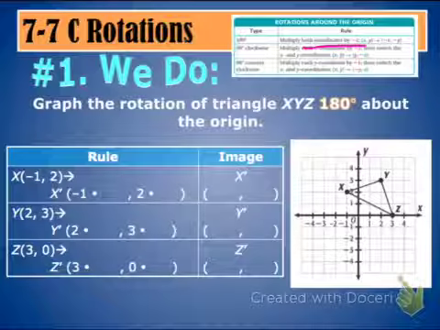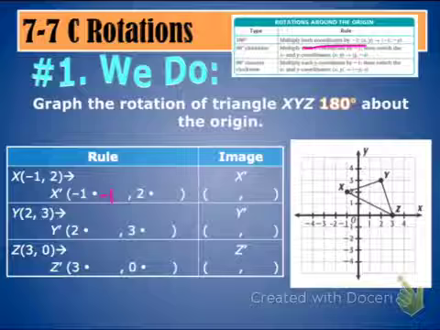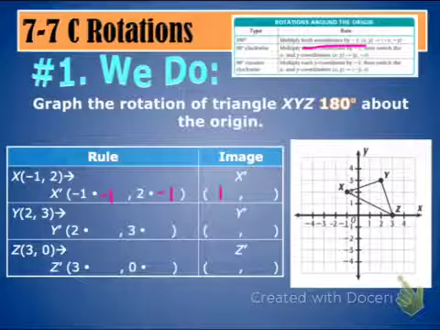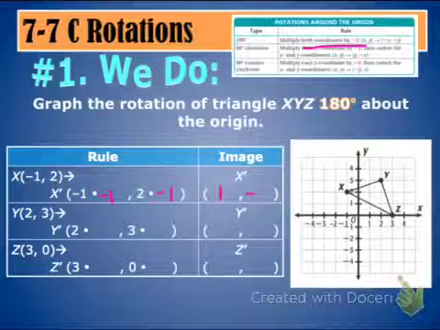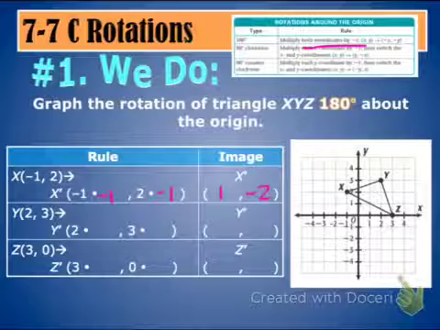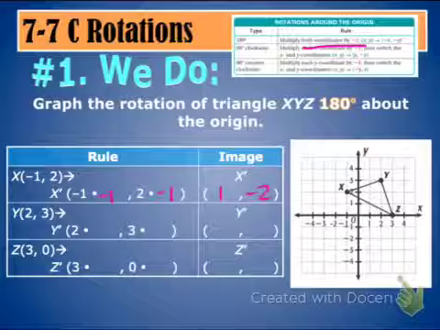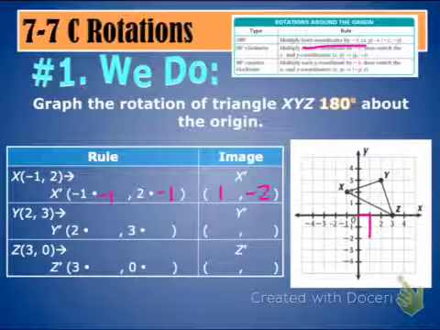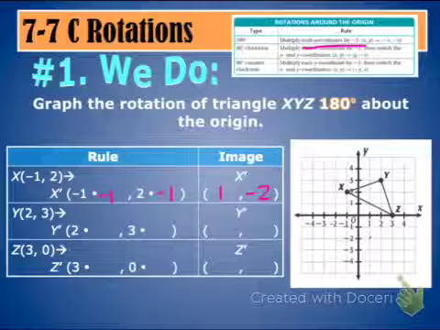So if our original x was at -1, our new x is going to be -1 times -1 is +1, and then positive 2 is going to become -2. So the image of x, which is this point right here, is going to be at 1 comma -2. So right here.